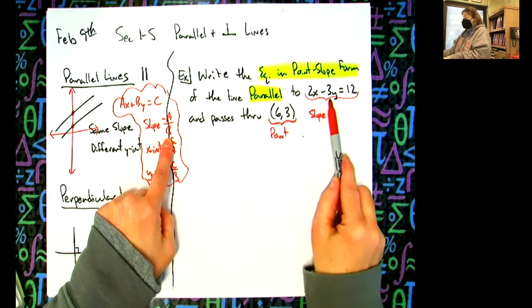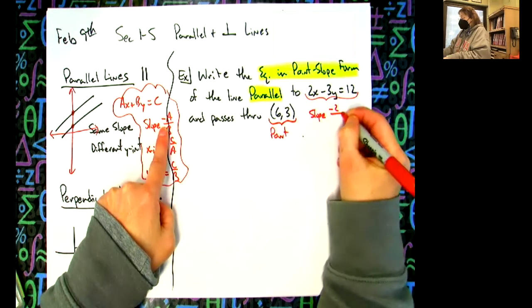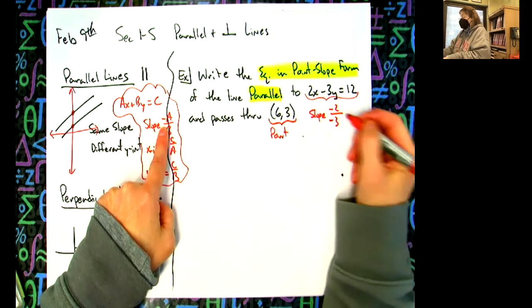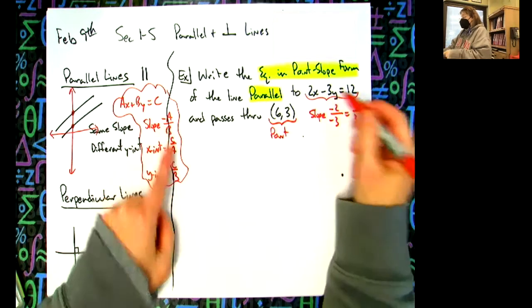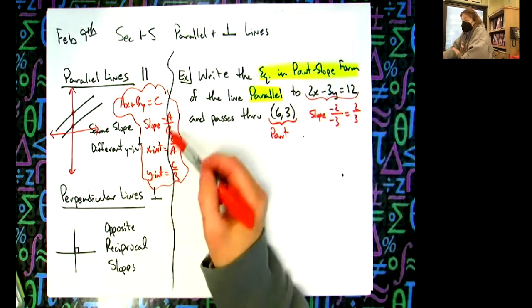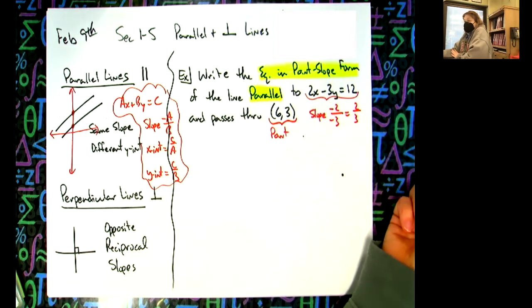all I got to do is look at these two numbers. Here's A, here's B. The formula says negative A. So negative 2 over negative 3. Negative divided by negative is positive. So if I have this memorized, I can get the slope of this line really fast. I don't have to rewrite it in slope-intercept form.